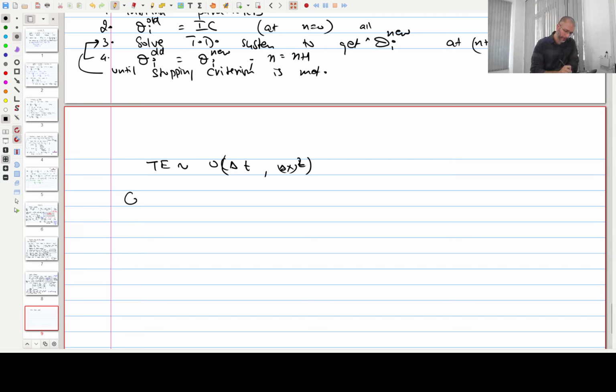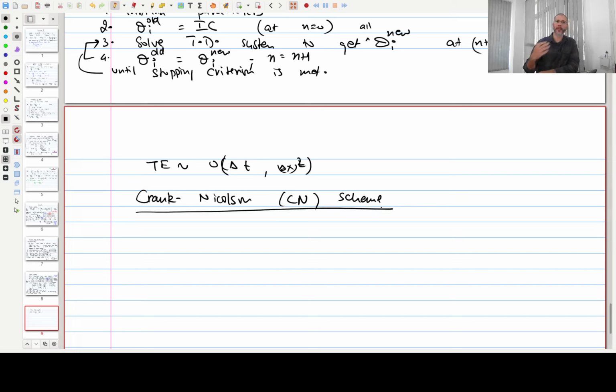So it's called the Crank-Nicolson scheme, or typically known as the CN scheme. And you will see in your software and open source codes, they will have this Crank-Nicolson or CN scheme written in the options that you have.